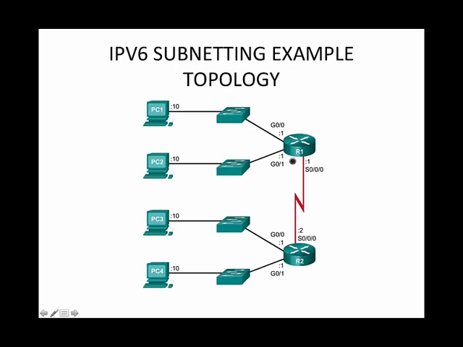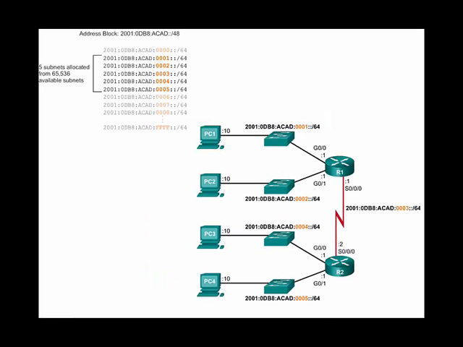So here, for example, where we have 1 WAN and 2 LANs, in IPv4 we would conserve addresses by subnetting. Here we are not doing this. We're giving each part of the network a subnet with more than 65,000 available addresses.